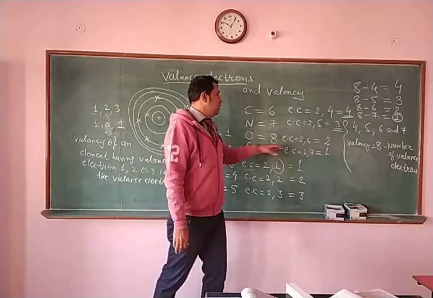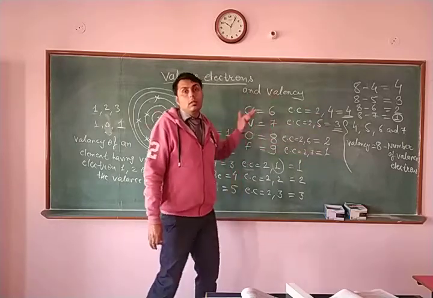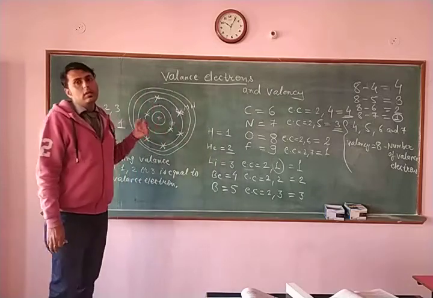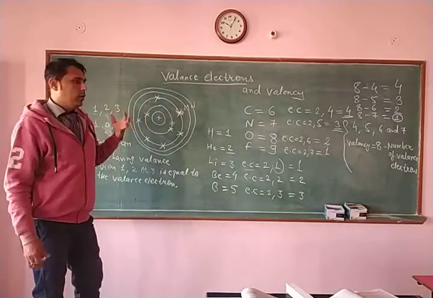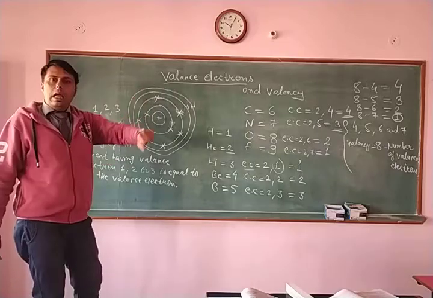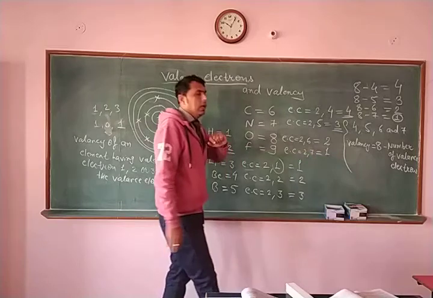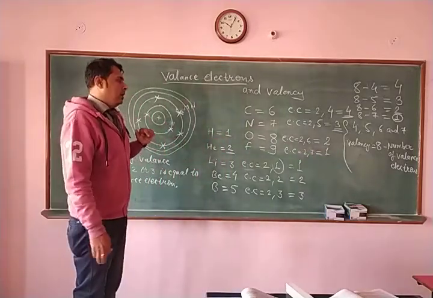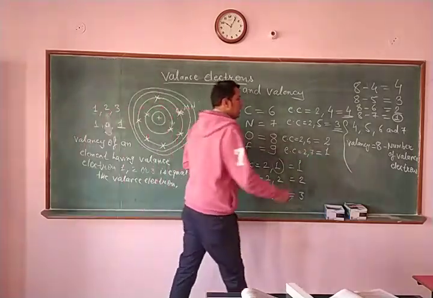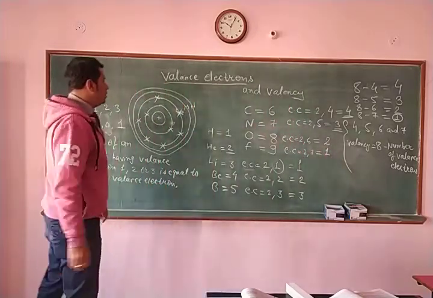Fluorine's electronegativity is very high because it needs only one electron, which it can capture from anywhere. It's easy for it to grab an electron. So the electronegativity is high for fluorine, and 1 is the valency of fluorine. We just need 1 electron to complete the octet.